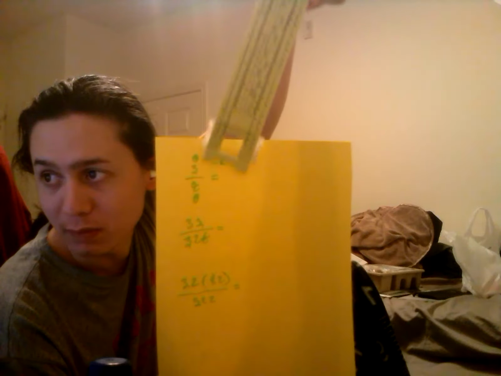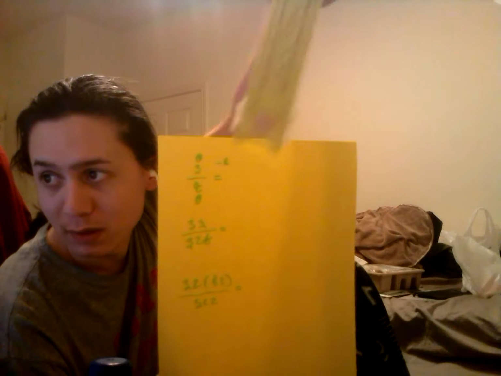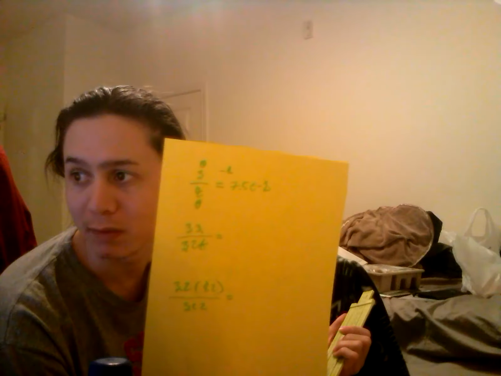Here's the -1 from the slide rule itself. So 0 minus 1, that should be like 7.5 that you got from the slide rule, minus 1. And that should be the answer: 7.5 e minus 1.